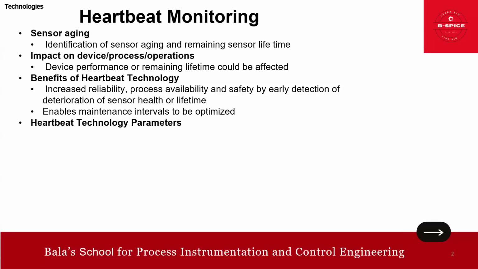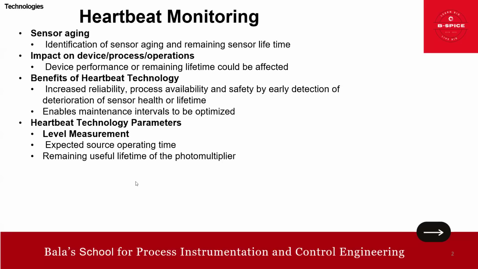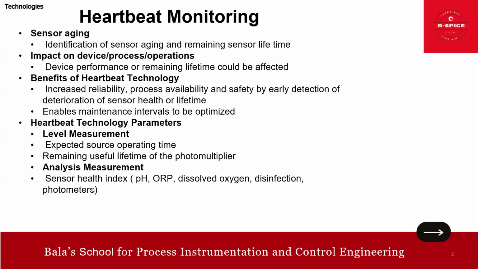Then what are all the parameters we need to define this? For level, we need the expected source operating time, the remaining useful lifetime of the photomultiplier. Then for analysis measurement, this means the analyzer sensor health index like pH, ORP, dissolved oxygen, disinfection, all these.